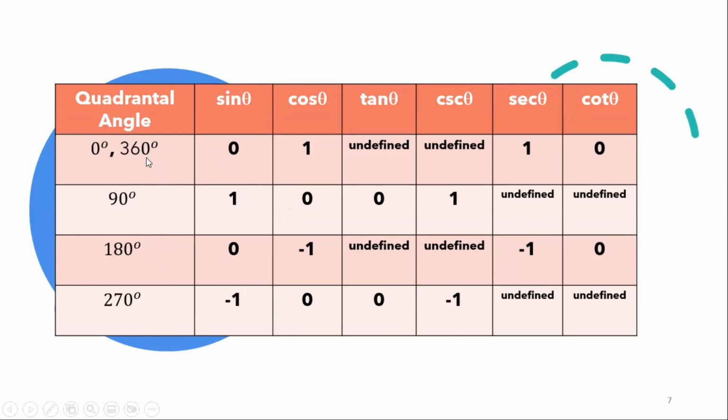For the gradient measurement, this is 0 and 400 grad, then 100 grad, 200 grad, and 300 grad. For the mil measurement, this is 0 and 6,400 mil, then 1,600 mil, 3,200 mil, and then 4,800. So these are the quadrantal angles.